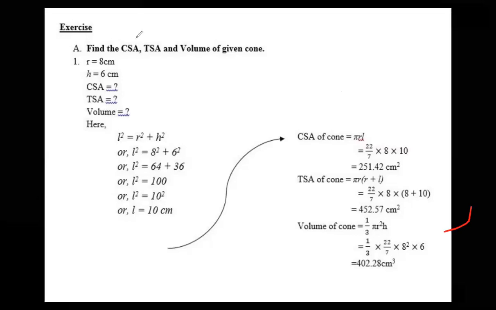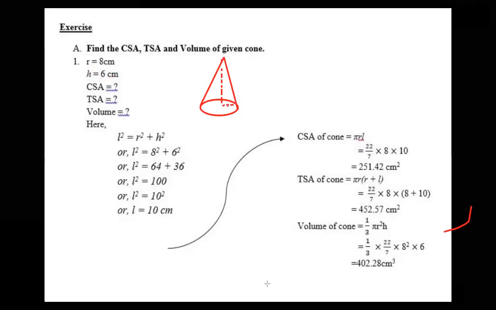So let us start. I hope you can see the cursor. Suppose there is a circle, there is a line, there is a next line, and there are dotted lines.